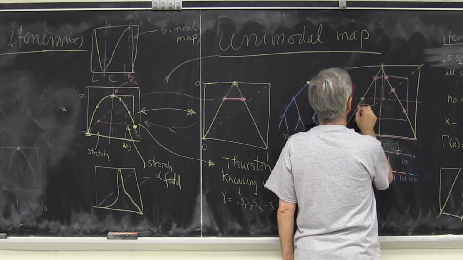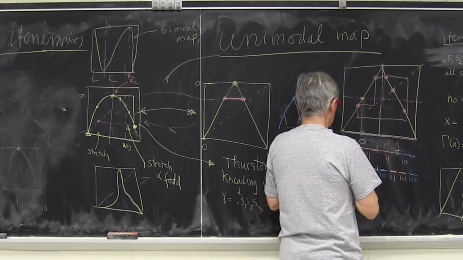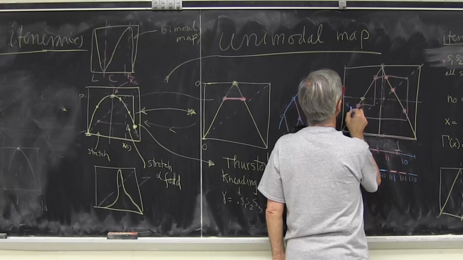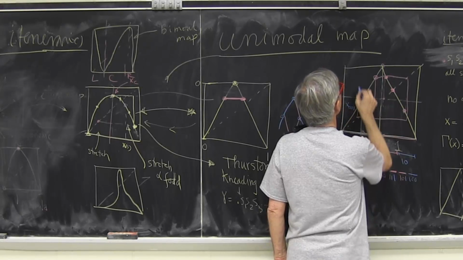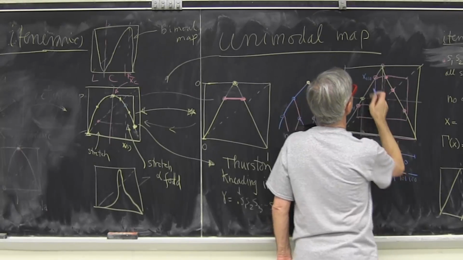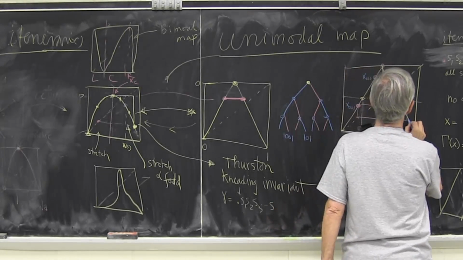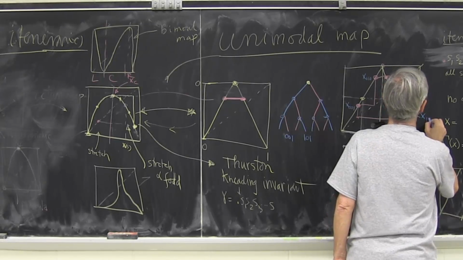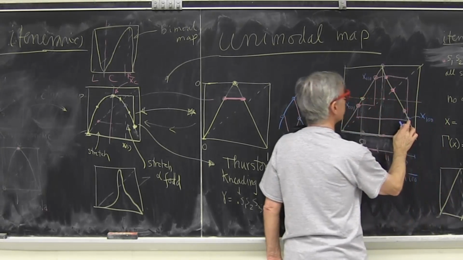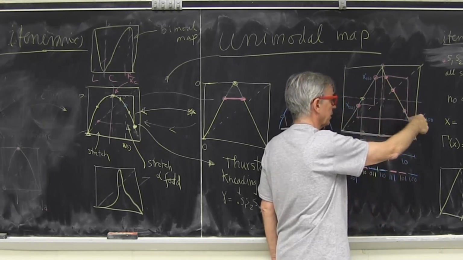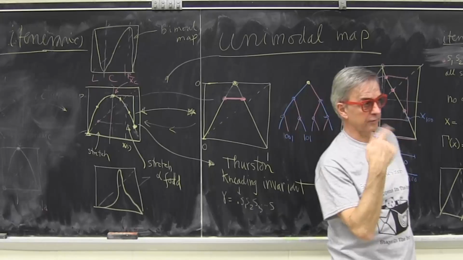I start here at x 0, 0, 1. I end up at x 0, 1, 0. So I'm still on the left side. And the next iteration, I'm at x 1, 0, 0. So I'm on the right side. But in my future, there are 2 hops on the left side. So a periodic orbit goes cyclically through its itinerary.